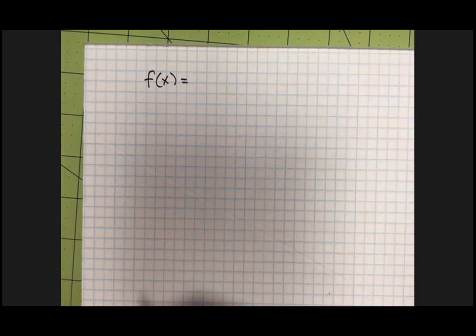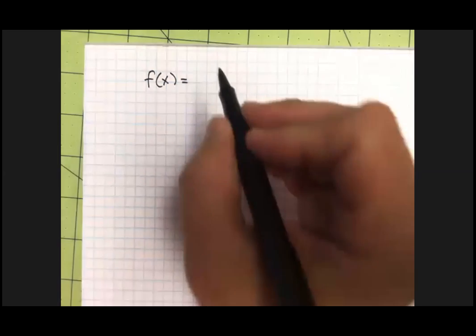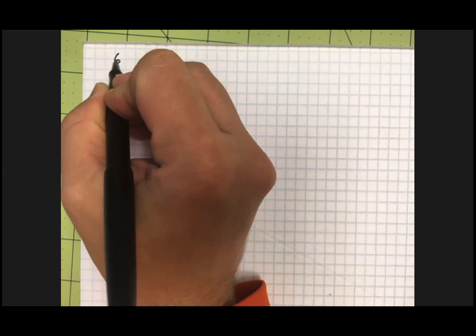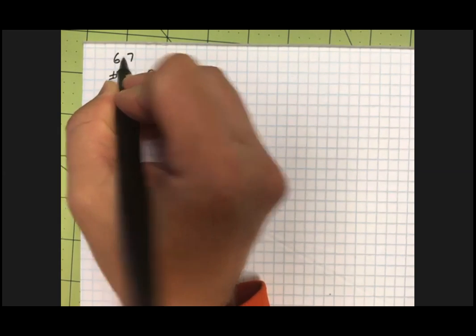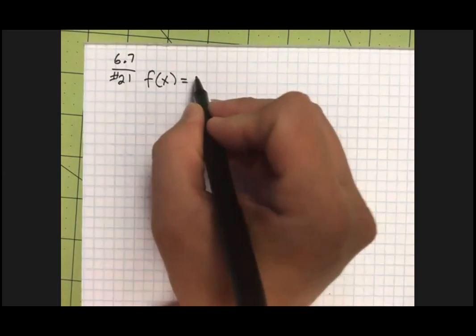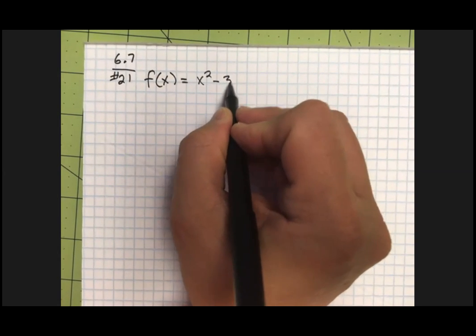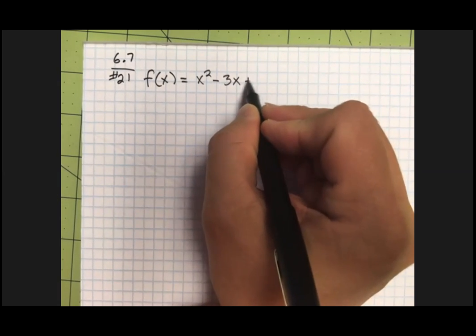So let's say I give you a funny function like, I don't know, 21. This is in section 6-7. F of x equals x squared minus 3x plus 4.